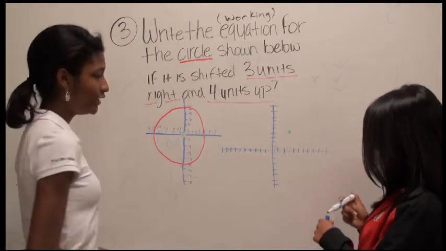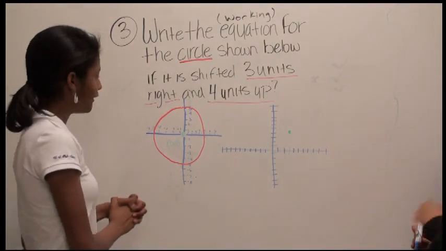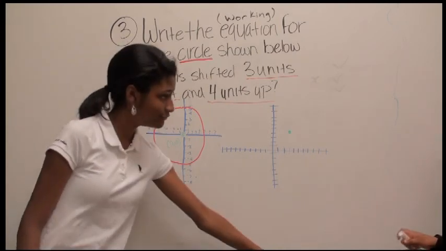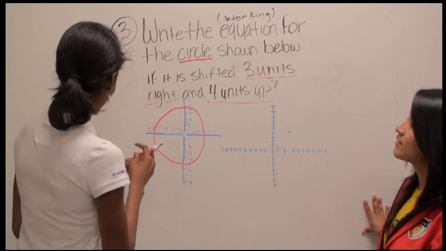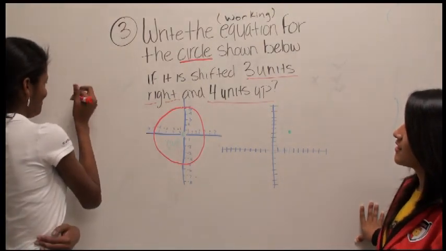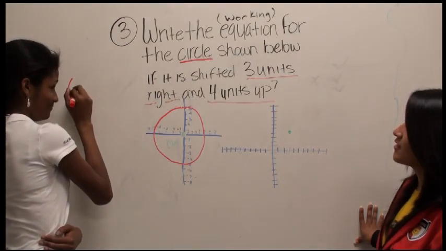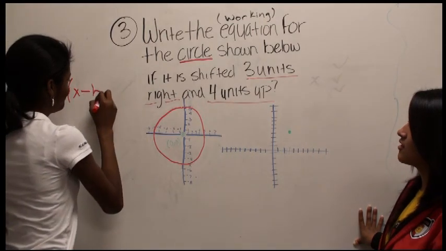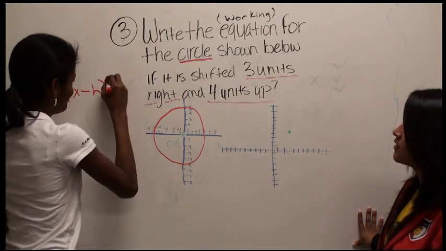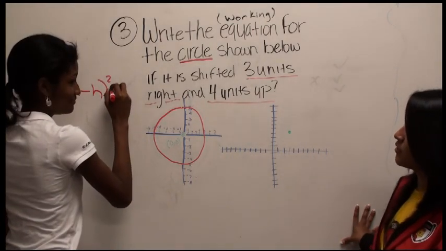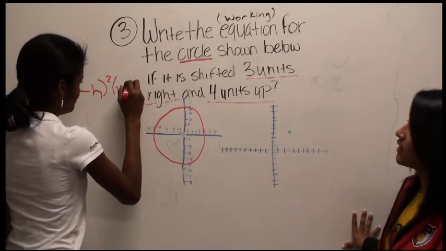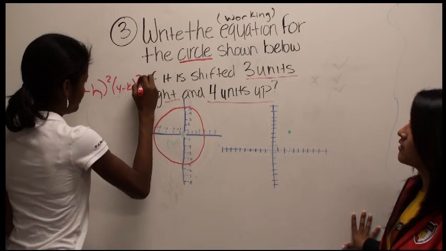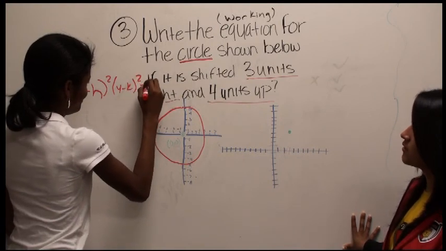Okay, so what we need now is the equation for the circle. That would be (x minus h) squared plus (y minus k) squared equals r squared.